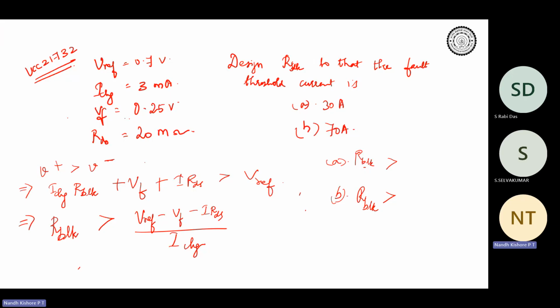I think it will be of the order of a few kilo ohms. So VREF is 0.7 minus 0.25 minus 5 into RDS on, right?